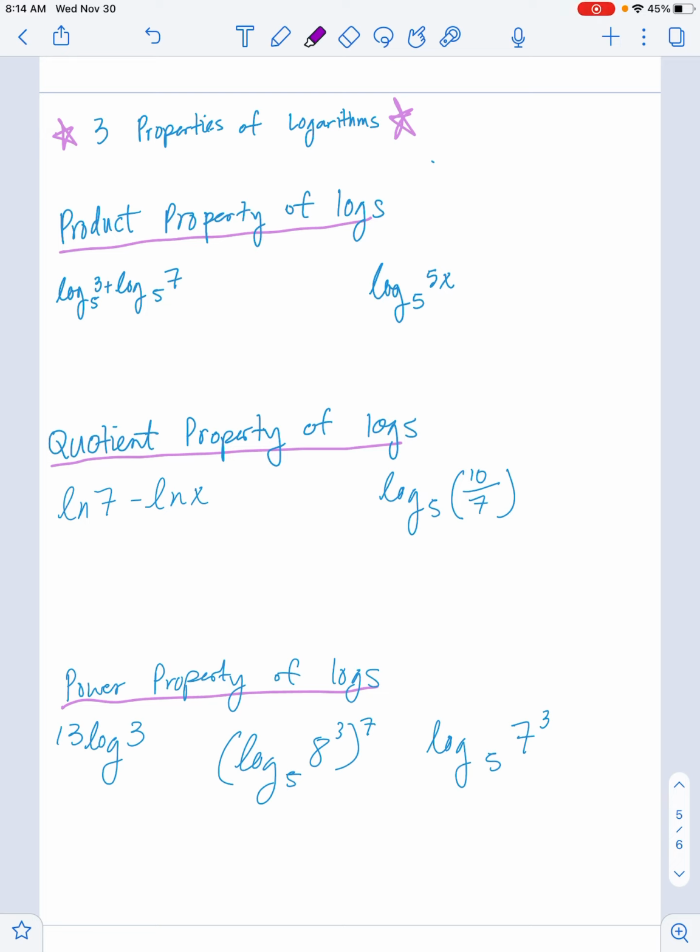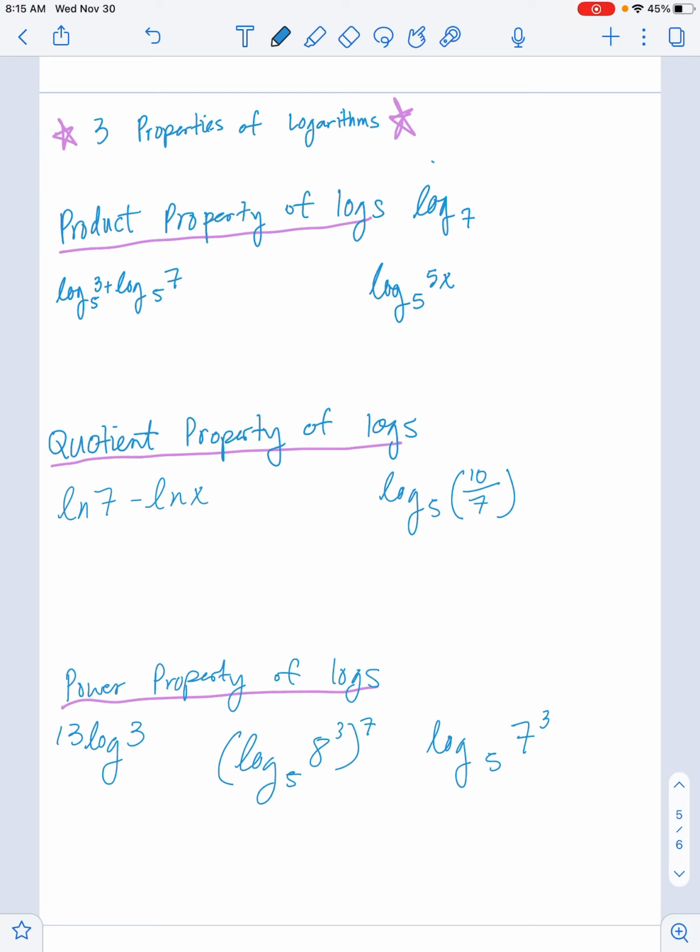For all three of these properties, you want to make sure that if you're condensing or expanding, the base of the log stays the same. So if you started off with a log of base 7, when you expand it, each of the logs that you produce will also have a base of 7.